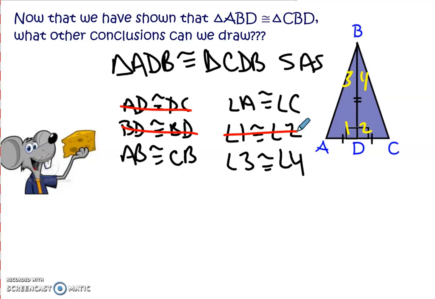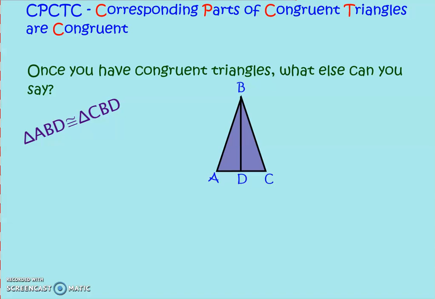They're corresponding parts. So we're adding on to our proofs, and we're going to use what's called CPCTC. It means the corresponding parts of the congruent triangles are also congruent, and it allows us to draw conclusions after we have congruent triangles.